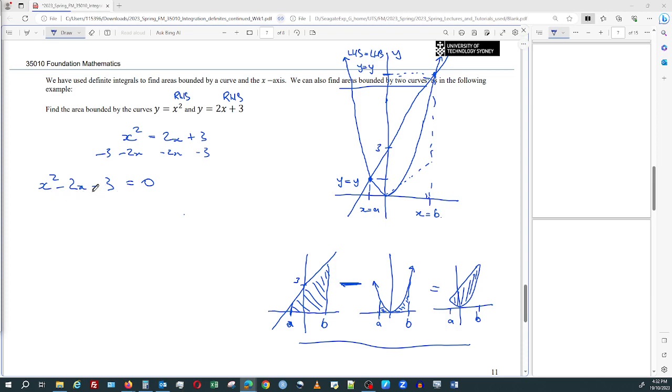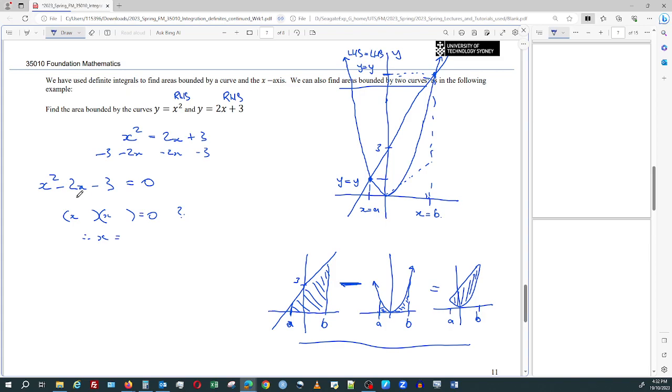So now we can go away and do whatever method we want, complete the square, and get the values. I'm going to be annoying in a second because I'm going to fill this in, because I've made a bit of a fuss about this during the course of the semester. Therefore, when is this true? This is true when x equals whatever the first value is and whatever the second value is.